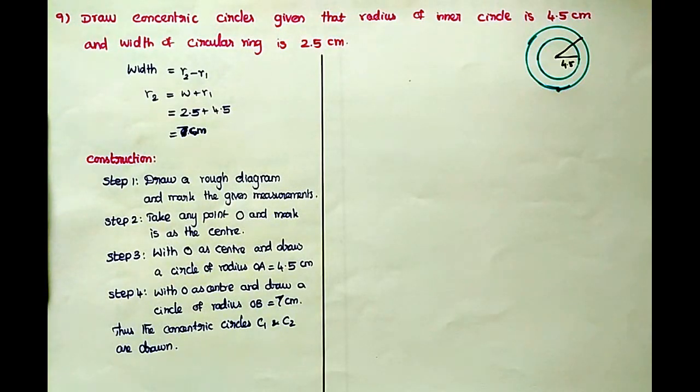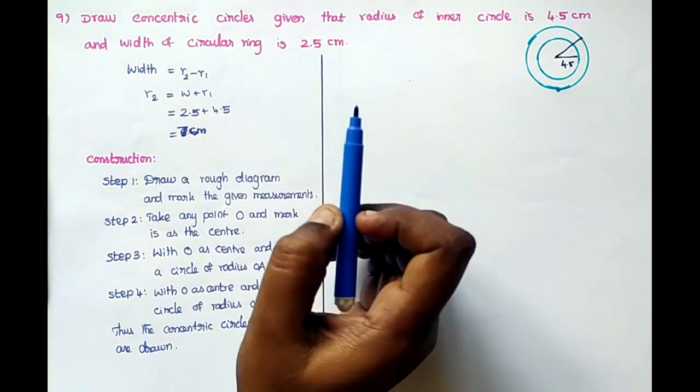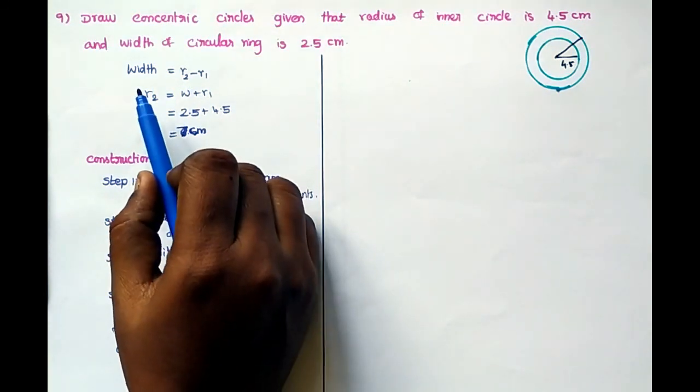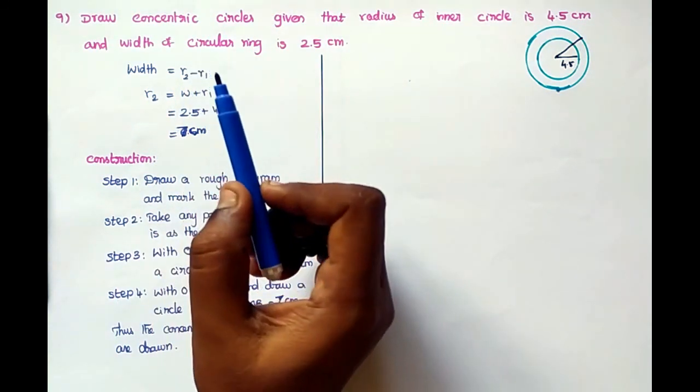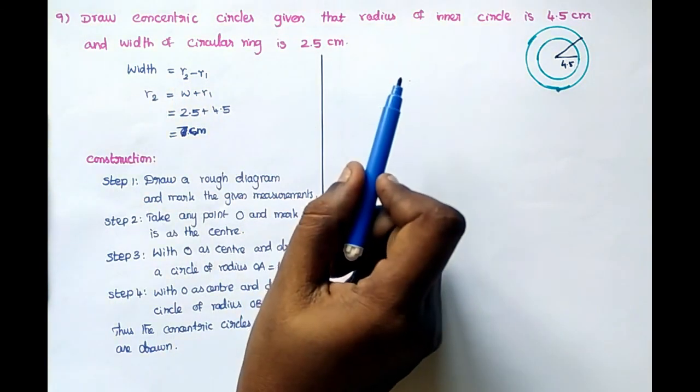Ninth sum, draw the concentric circle given that radius of inner circle is 4.5 centimeter and width of circular ring is 2.5 centimeter. How will you find out the outer radius?